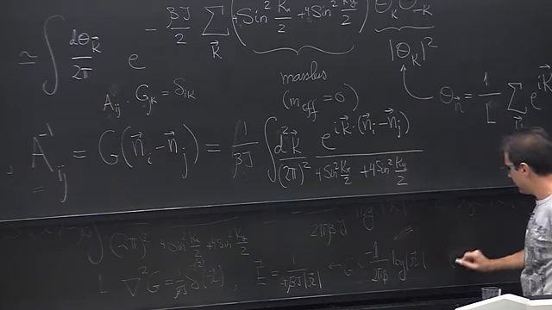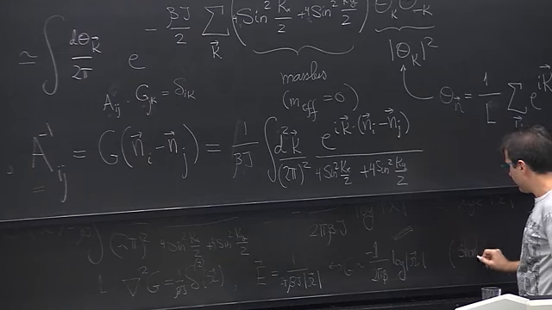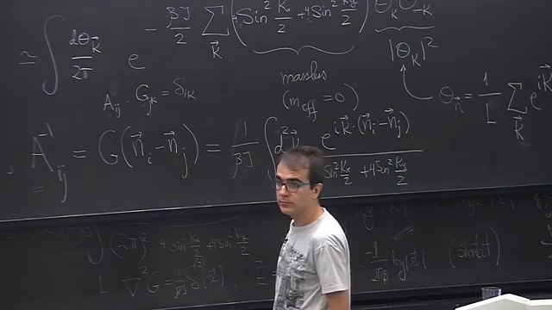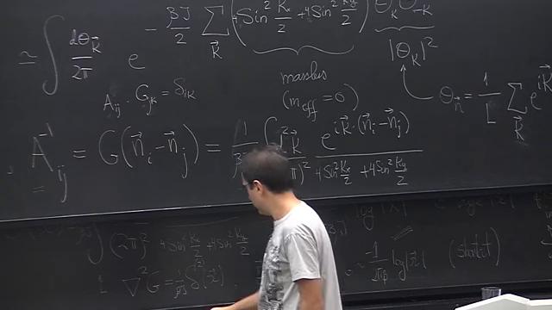Sorry, I still don't. Is this not what's in the exponential? Is that not the gradient of theta squared rather than the Laplacian of theta?